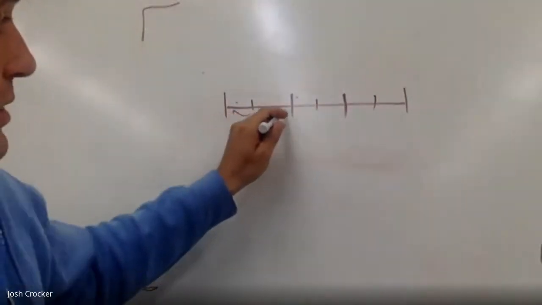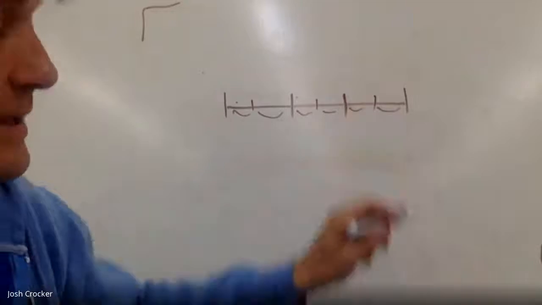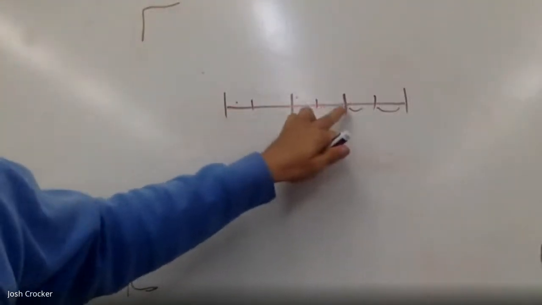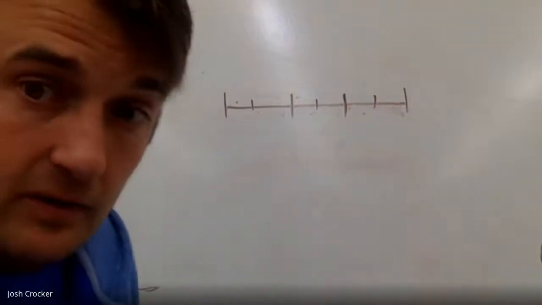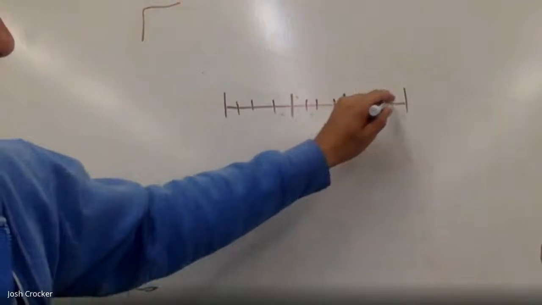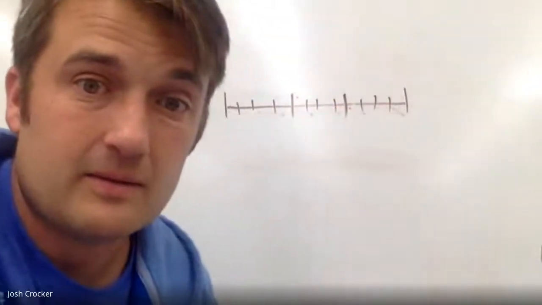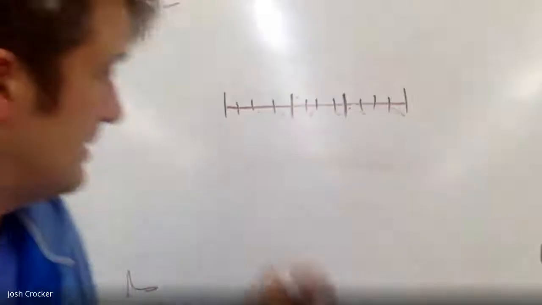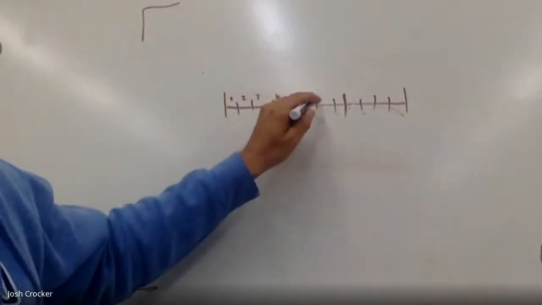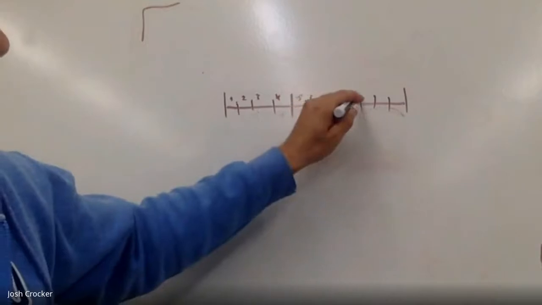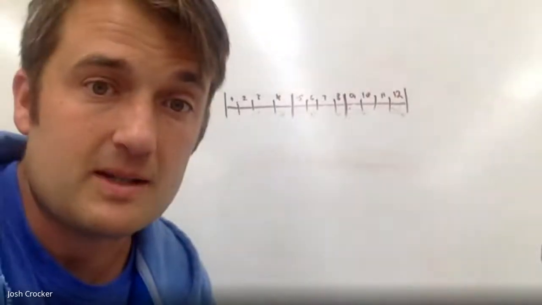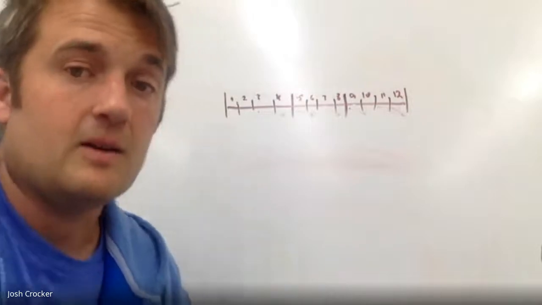The next double would be 12, so I just cut them in half. They're not perfect, but 1, 2, 3, 4, 5, 6, 7, 8, 9, 10, 11, 12. I got the right number of pieces and they're relatively even.